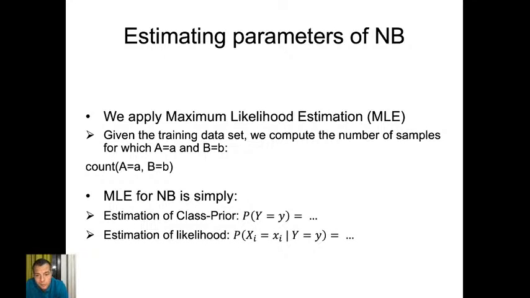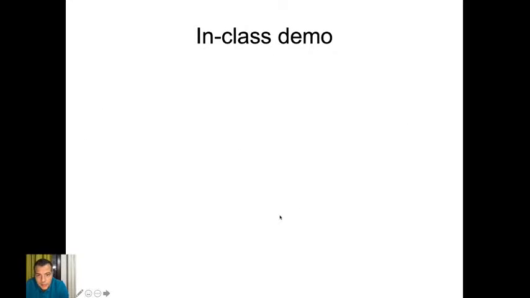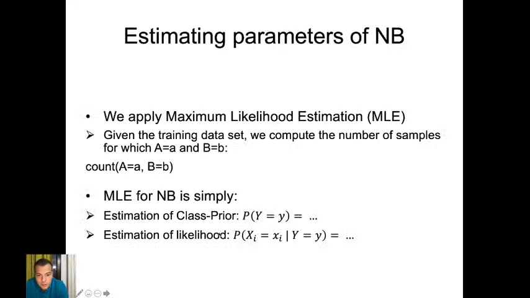Of course we also have to previously estimate the class priors, so what is the probability of the classes, and then we just apply naive Bayes and obtain the results.